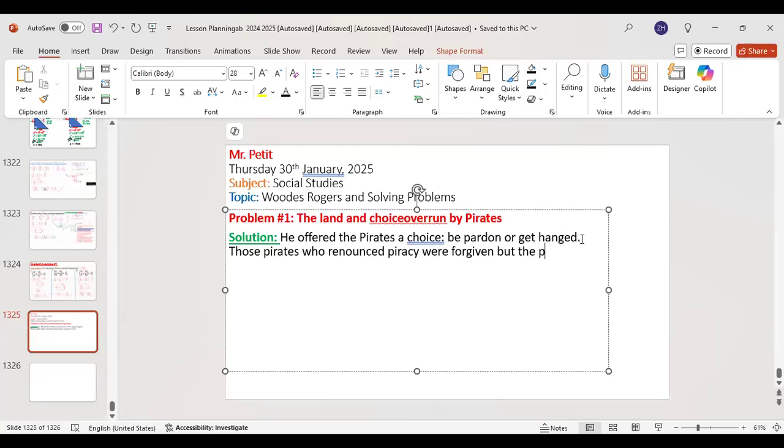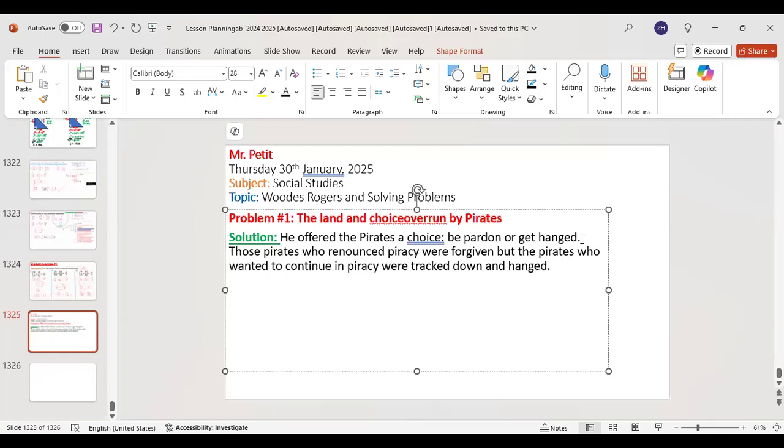But the pirates who wanted to continue in piracy were tracked down and executed. What do you mean by executed? They killed them. Let me just make it very clear. And hanged.